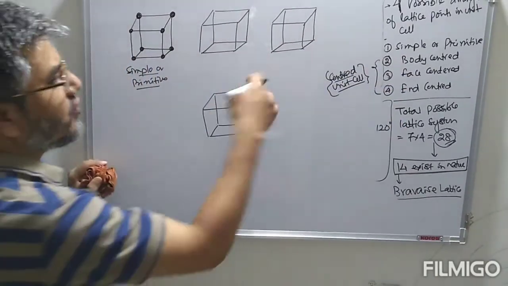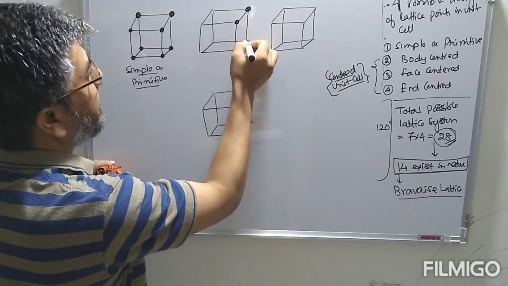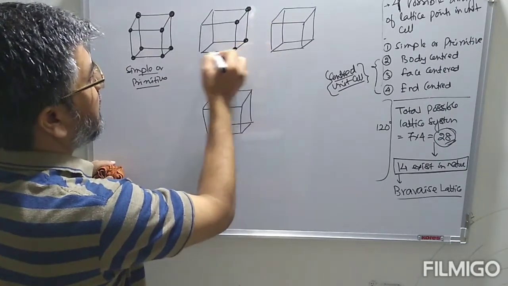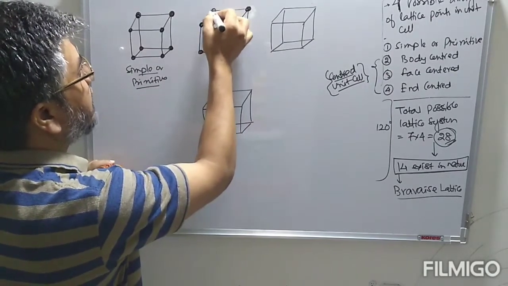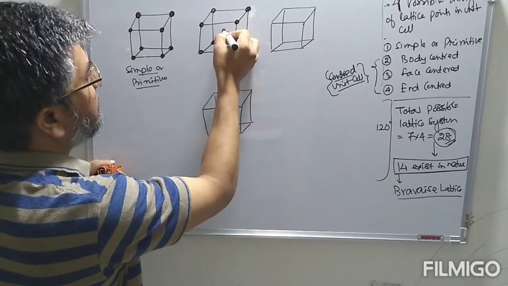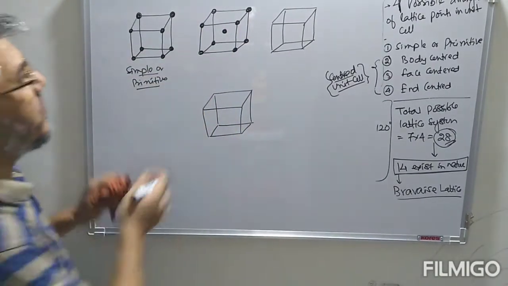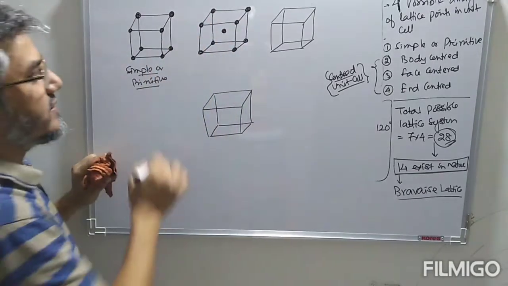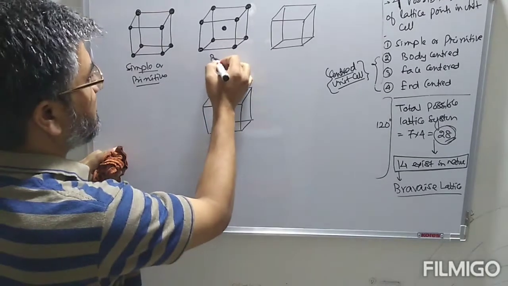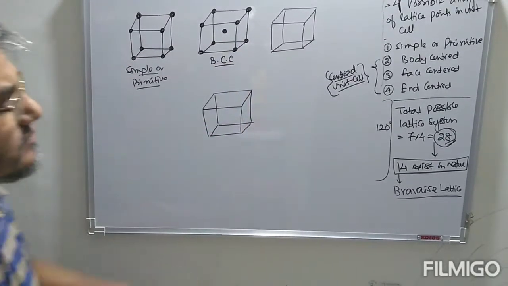In case of body center, we have lattice points occupying the corners of the cube, along with a lattice point found exactly at the center of the cube. So we have lattice points occupying the corners as well as the center of the body. So we say this is a body centered cubic unit cell.